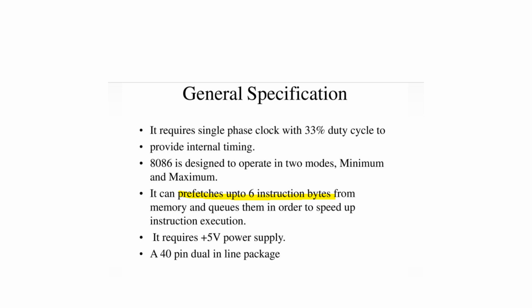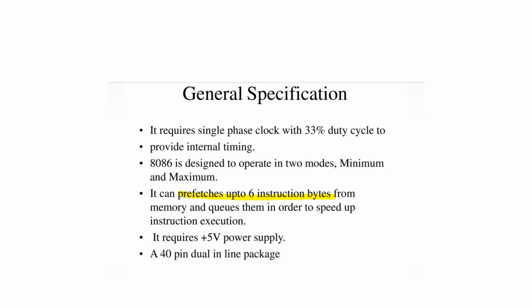So 8086 has a pipeline architecture. Pipeline architecture means it fetches the next instruction while executing the current instruction. At a time, it is doing a dual operation. That is why it prefetches up to 6 instruction bytes.